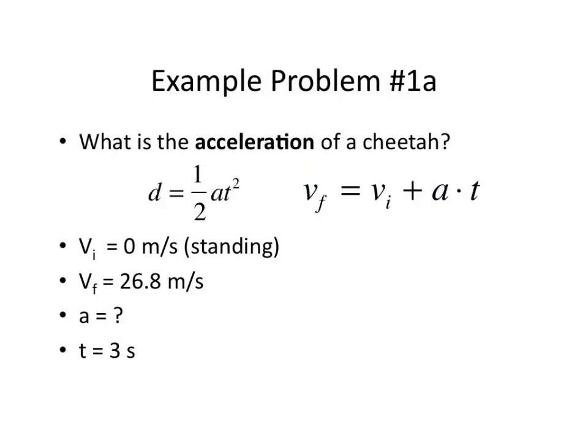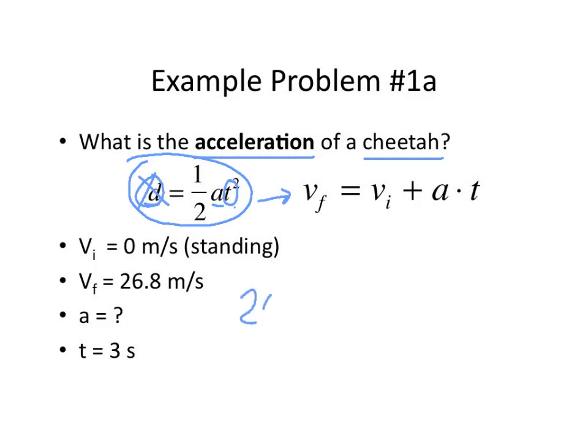So 1A is asking, what is the acceleration of the cheetah? Okay, well, if you look at this equation, this has acceleration in it, but we would need to know a distance and a time. We know a time, that's fine, but we don't know a distance. So we're going to have to use this equation. So here's where you would plug everything in.